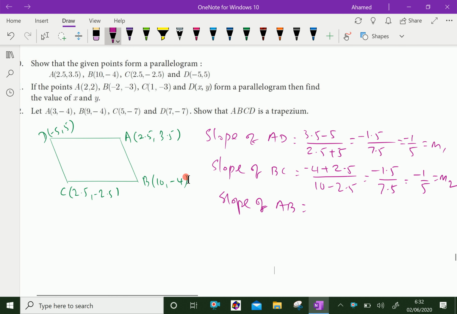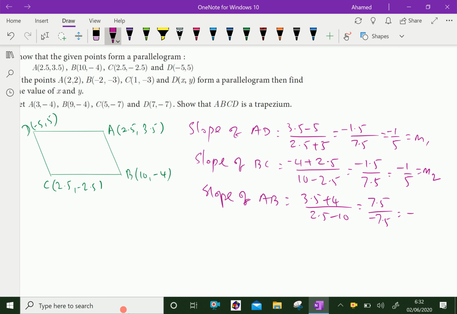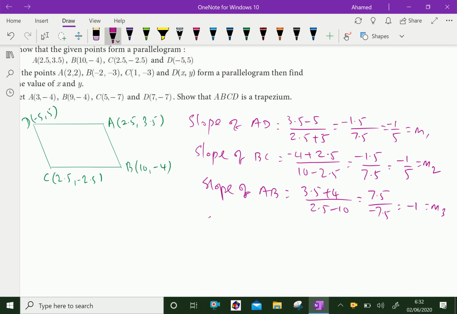AB is 3.5 minus of minus 4, that is 3.5 plus 4, over 2.5 minus 10, which is equal to 7.5 over minus 7.5, which is equal to minus 1. Let it be m3.